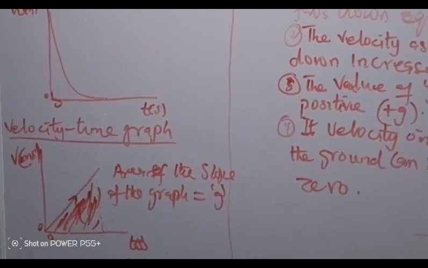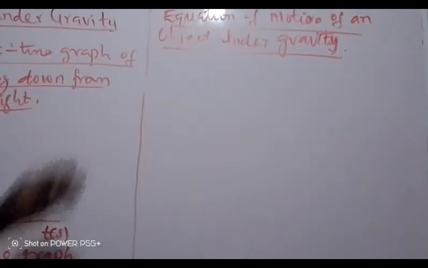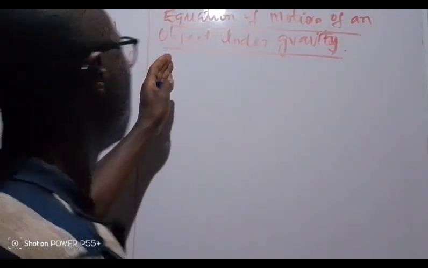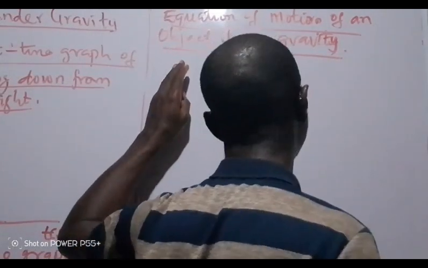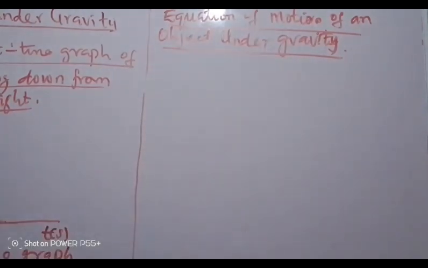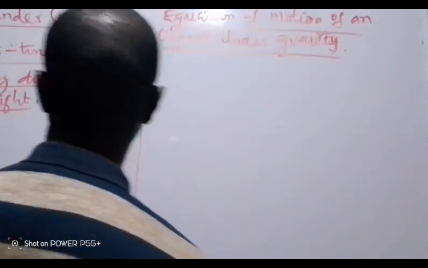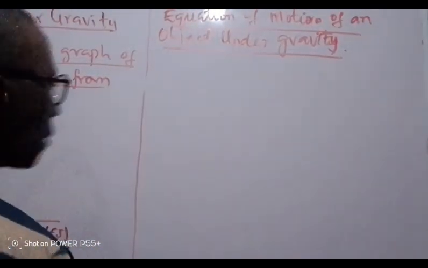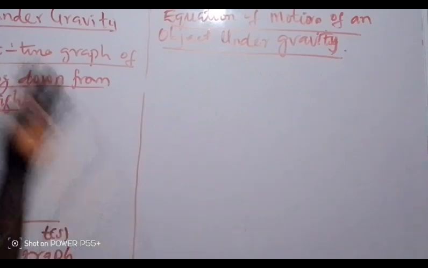The next thing is the equation of motion of an object under gravity. Note this one, this topic in physics, we have the theoretical aspect and the calculation aspect, as well as the practical aspect.